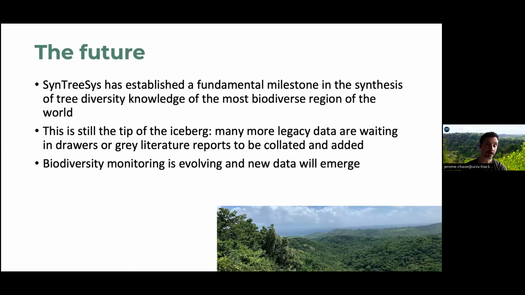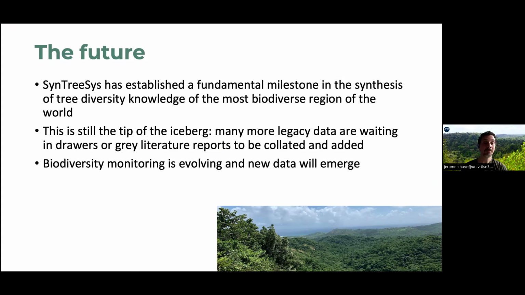Now, looking at the concluding statements into the future, where do we stand and where are we going? SynTreeSys has established a fundamental milestone in the synthesis of tree diversity in the most biodiverse region of the world. That's an established fact. There's still the tip of the iceberg, many more legacy data, tree inventory data, and more in the drawers, in the gray literature, waiting for us to collect the data and improve our knowledge in this very important question.